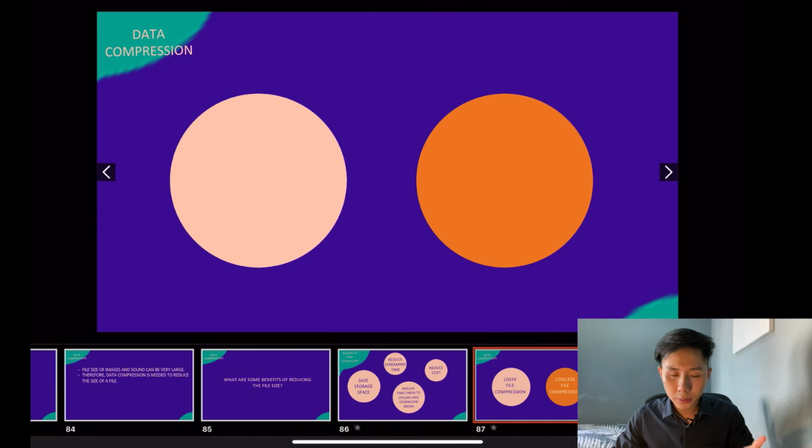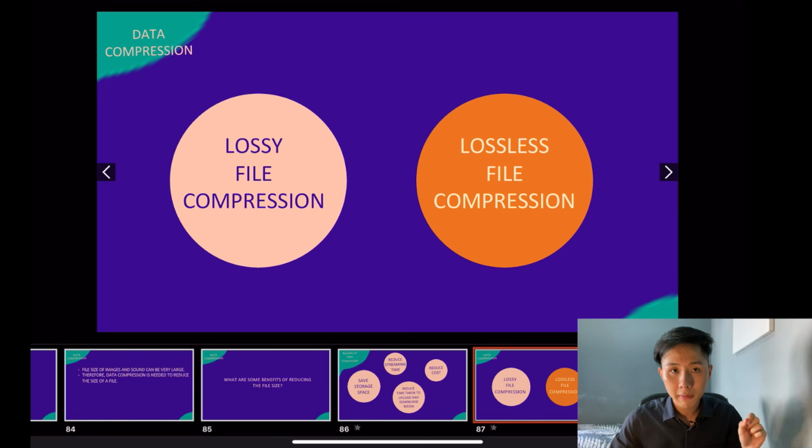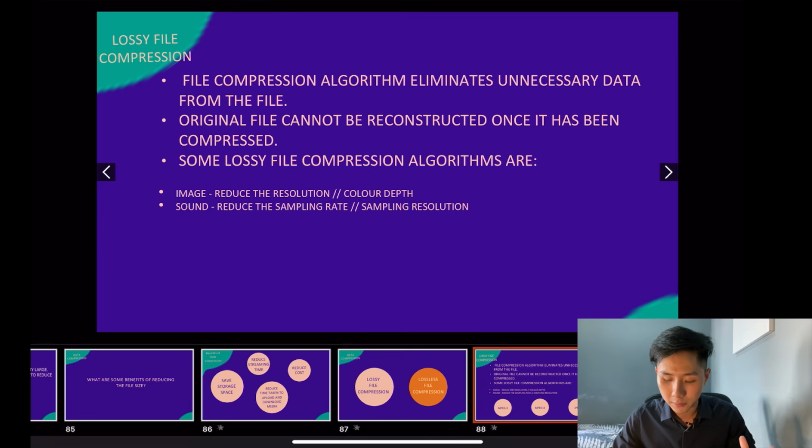So there are two different types of data compression that can be carried out, especially for what we will learn in our syllabus. The first one is called lossy file compression. The second one is called lossless file compression. So let's start off with lossy file compression.